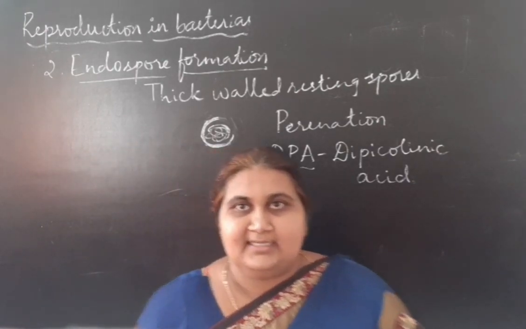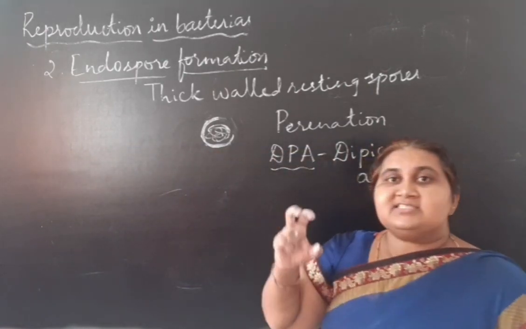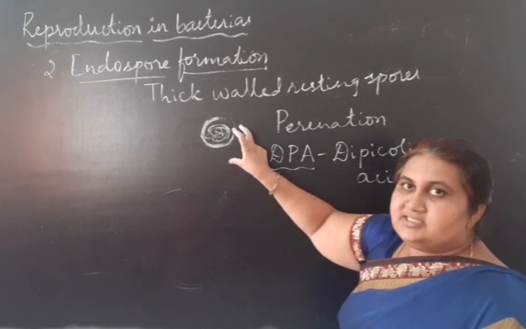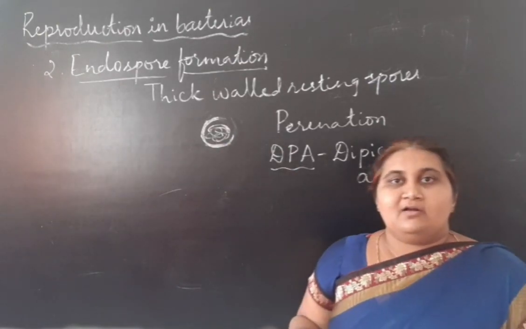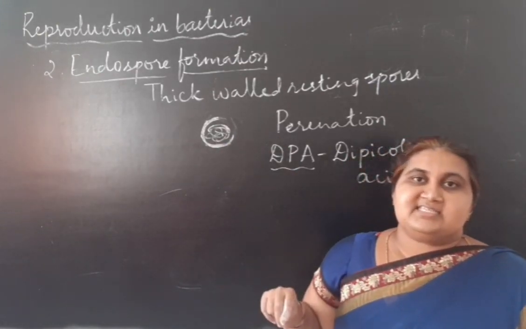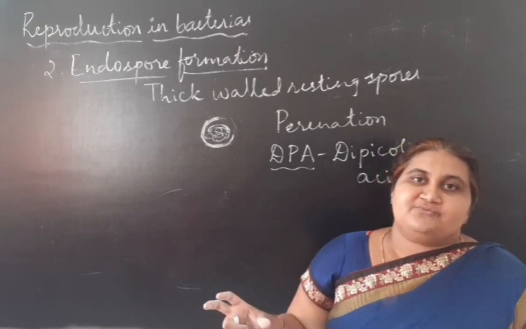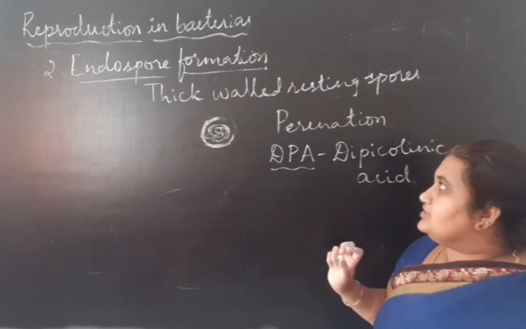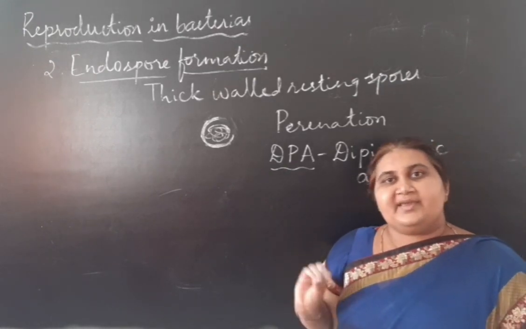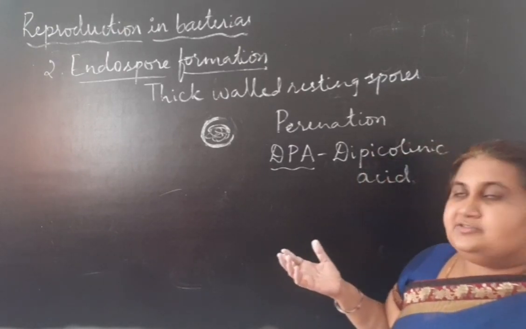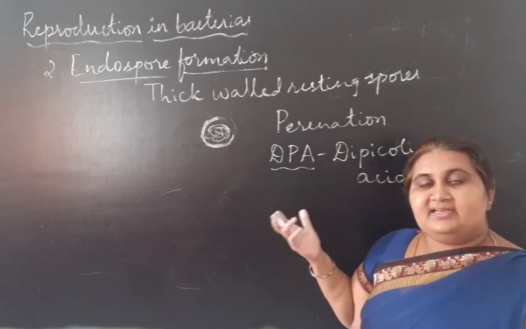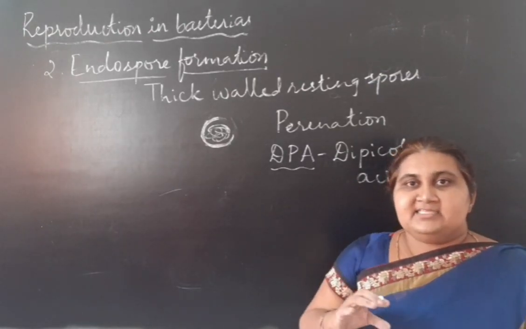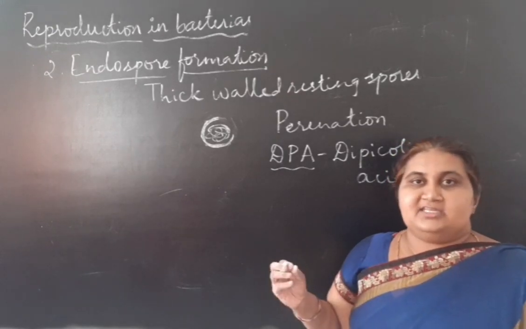Once again, endospores are seed-like bodies, seed-like structures. Endospores are thick-walled resting spores. Why do we call it resting? Until the conditions become favorable, a bacterial cell will be present in this state only. It is very light in weight, with low water content, and due to the presence of dipicolinic acid, it can withstand extreme conditions like high temperature.